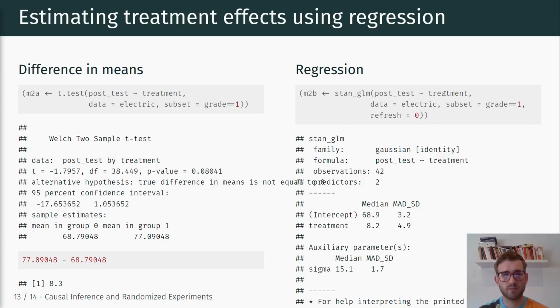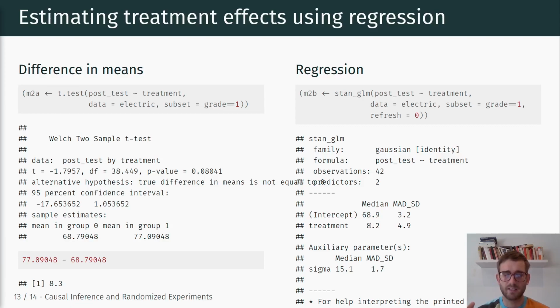Our independent variable is just our treatment assignment, which is 0 or 1. In this context, using this experimental data, our intercept is our expected reading score for classes that were assigned to the control group. That's 68.9, which is the expectation in our control group.